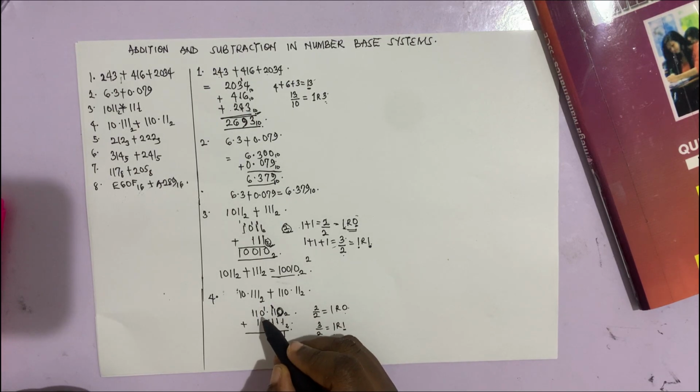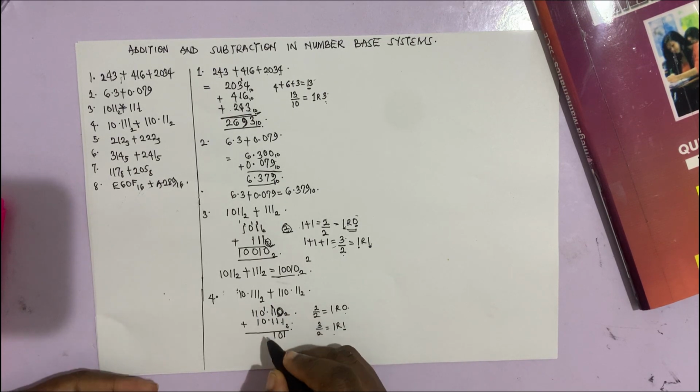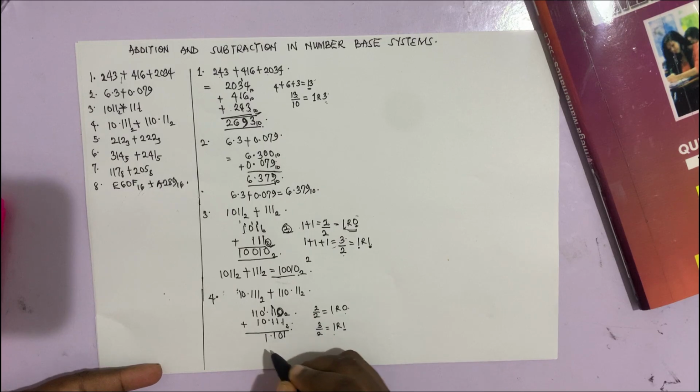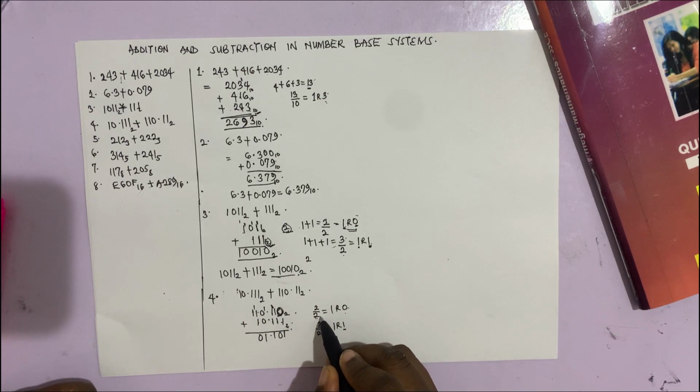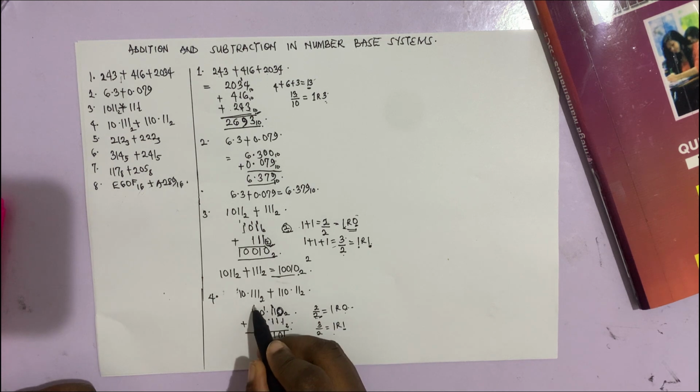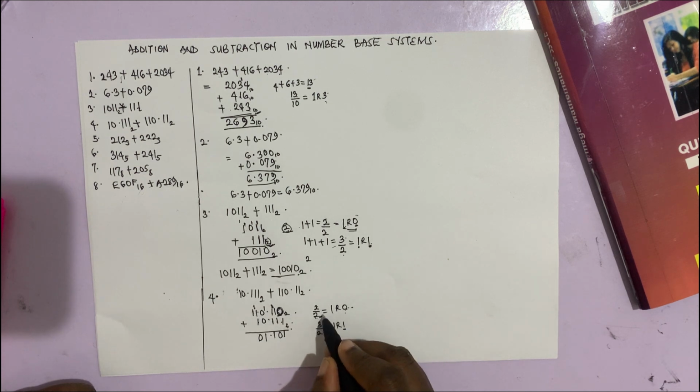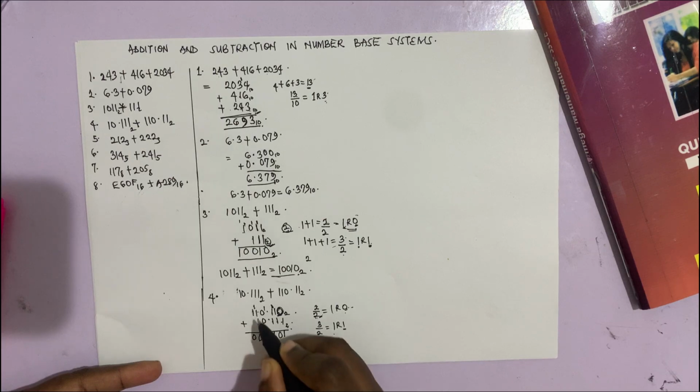So 1 plus 0 is 1. So we write 1. 1 plus 1 is 2. So we write 0 remainder 1. Why? Because 2 divided by 2, because 2 is the base, is 1 remainder 0. So we write 0 and carry 1. So 1 plus 1 is 2 again. So we write 0 and carry 1.